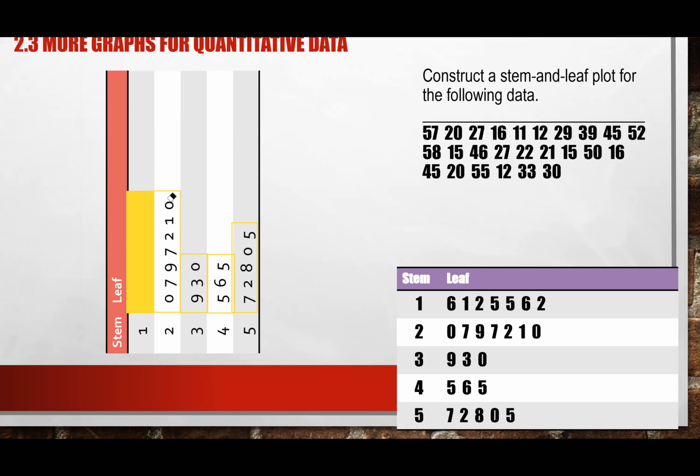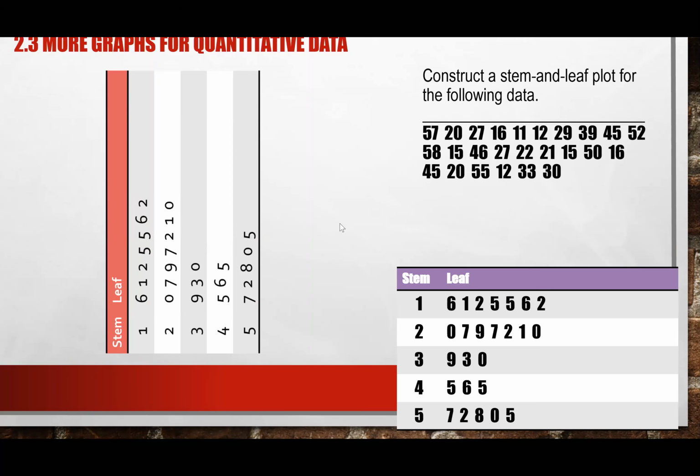So that's the unique thing about the stem and leaf plot: it looks like a histogram horizontally, but it also gives you an idea of the exact score, rather than just telling you how frequently the data appears, okay? And if you came from 120, you already saw this.